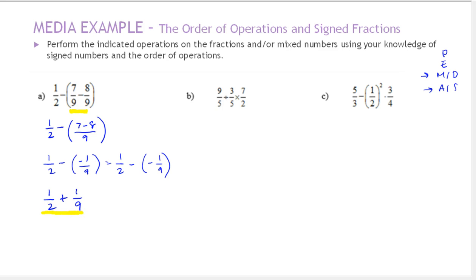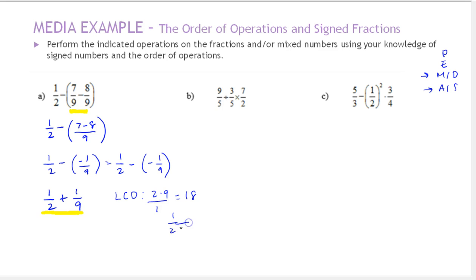So we need to find a common denominator. Notice that 2 and 9, their GCF is 1, so their LCD is just their product divided by their GCF of 1, which is 18. I'm going to do some of this work on the side here.